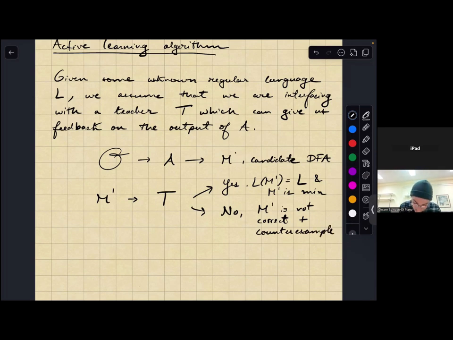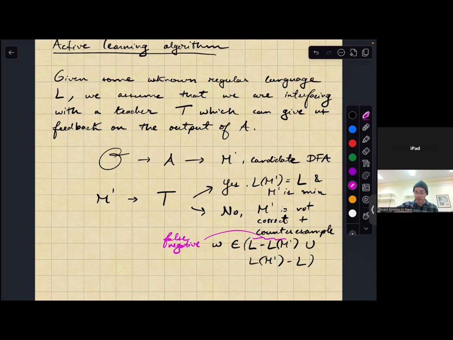I mean a string that's either in the language L, but not in L of M prime, or in the language of M prime, but not in the language L. The first would be a false negative, because it's in L, but it's not in L of M prime.